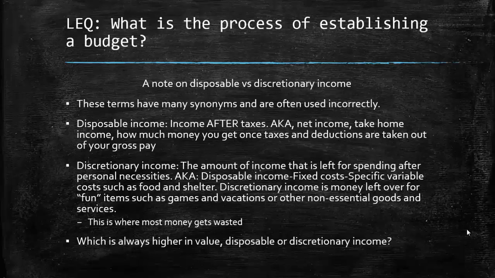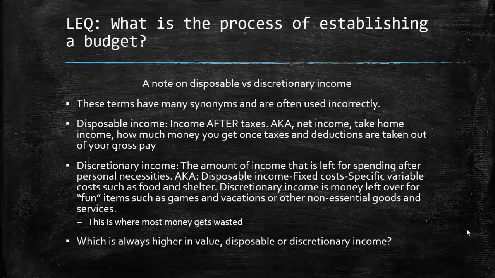Okay, now to contrast with that, we have discretionary income. Think about the root word of discretionary is discretion. That means up to your decision or to your will. So discretionary income is the amount of income that is left for spending after personal necessities. So here's a simple little formula for you to help you memorize it.